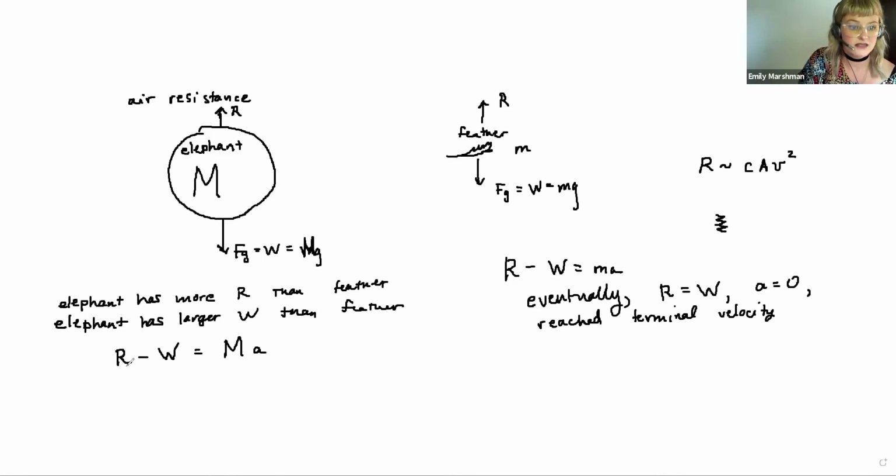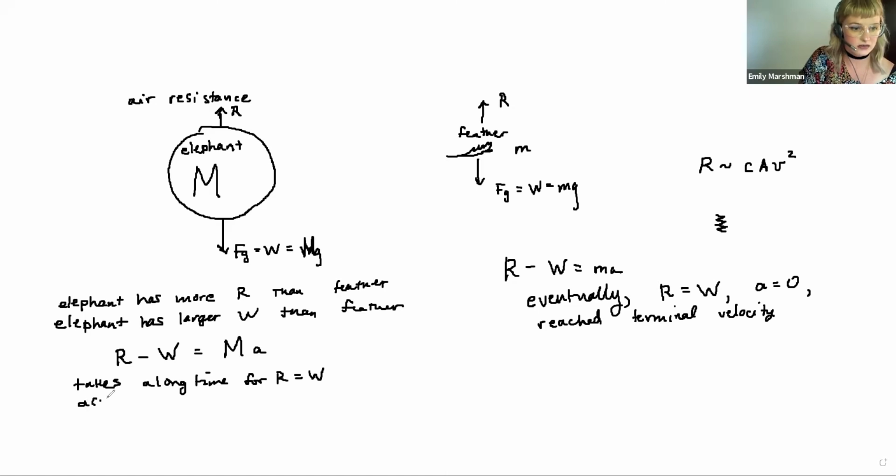On the other hand, the elephant has a huge amount of weight, so it's going to take a huge amount of air resistance to actually overcome that weight. So that means that the elephant is going to accelerate for a lot longer than the feather. It takes a long time for R to become equal to the elephant's weight.